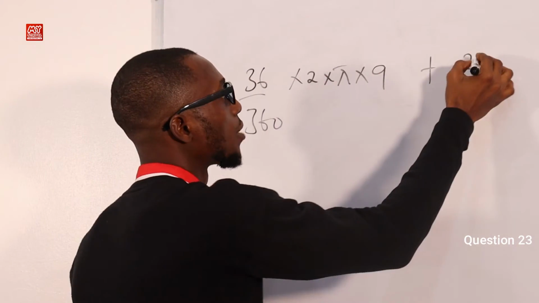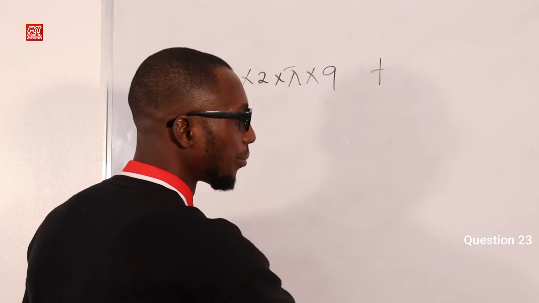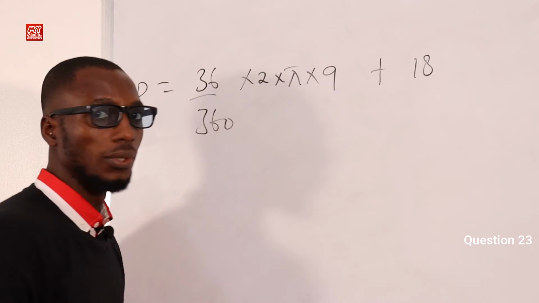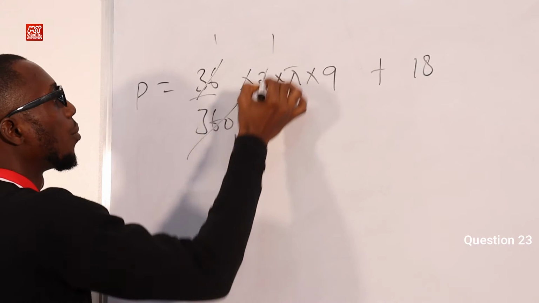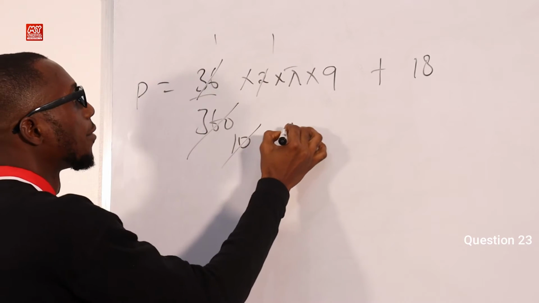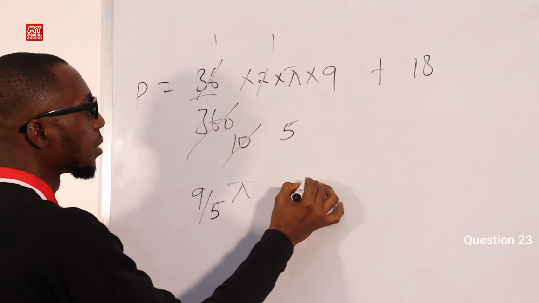R is still 9. So that's 2 times 9. That is 18. So let's just put this to 18. Okay, so we have 36 here 1, 36 here 10. 2 here 1, 2 here 5. So I have 9 over 5 pi plus 18.